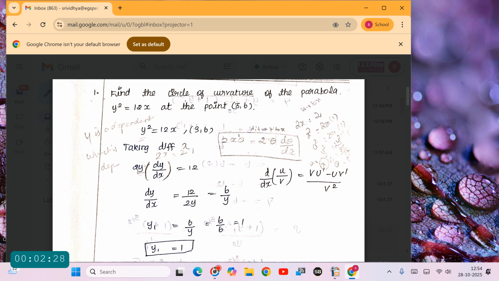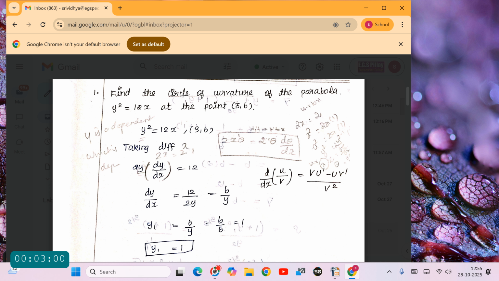The curve is given by y square equal to 12x. For the purpose of finding y1 and y2, first we have to take differentiation with respect to x. On the left hand side we have y square; the differentiation of y square is 2y into dy by dx, equals 12 into the differentiation of x, which is 1, so 12.